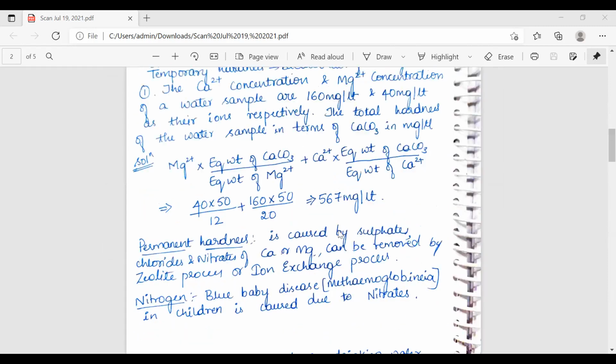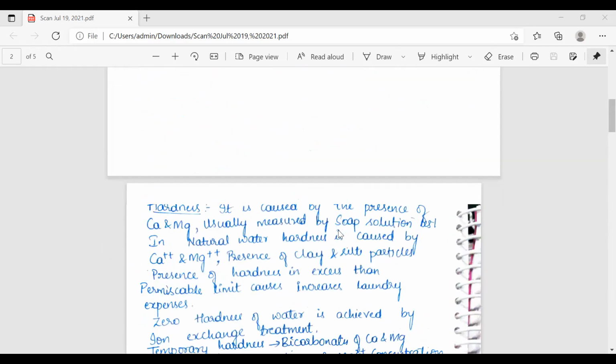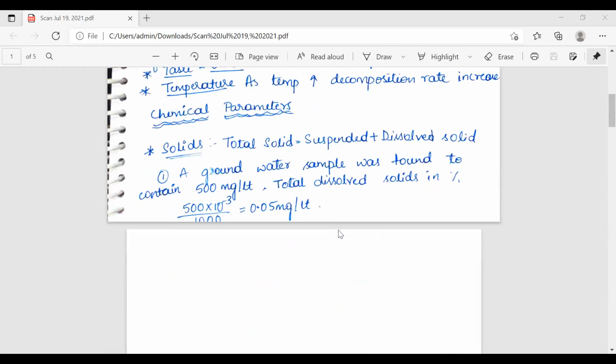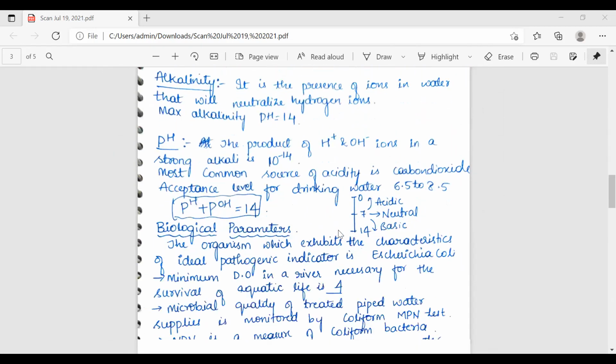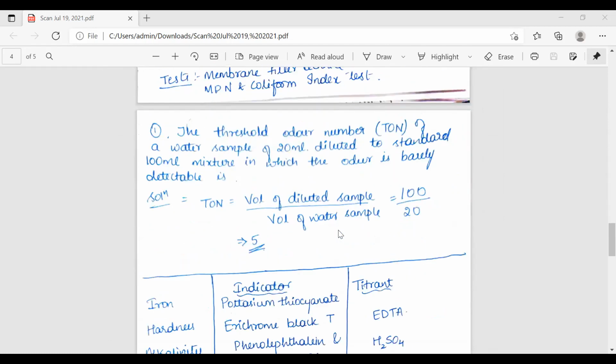So what is the problem? In taste and odor, they'll ask you to calculate the threshold odor number of a water sample of 20 ml diluted to a standard 100 ml mixture in which the odor is barely detectable.